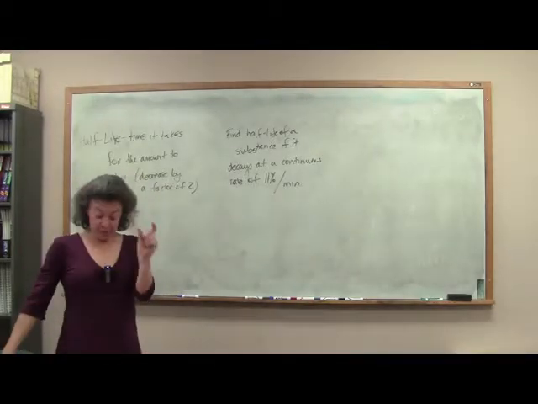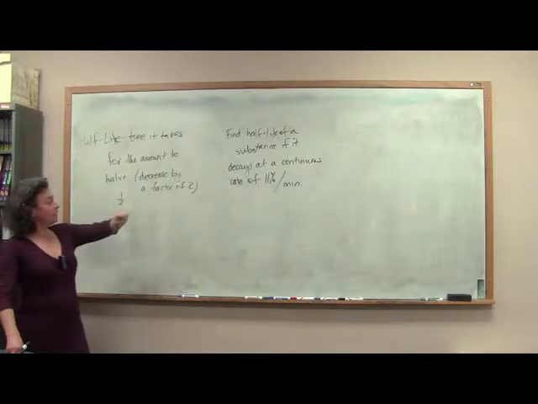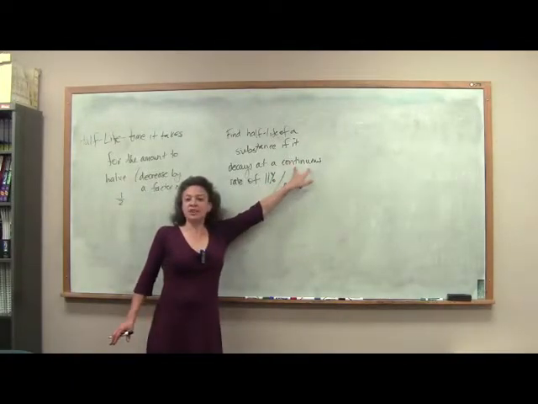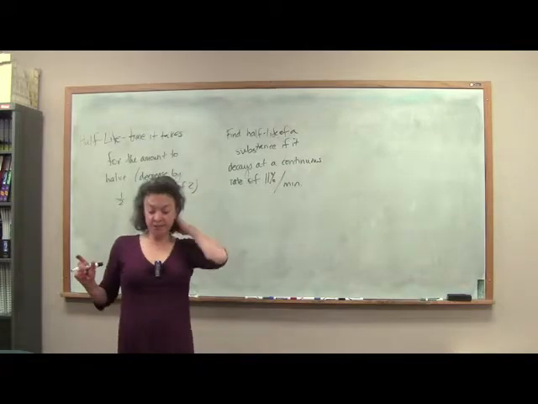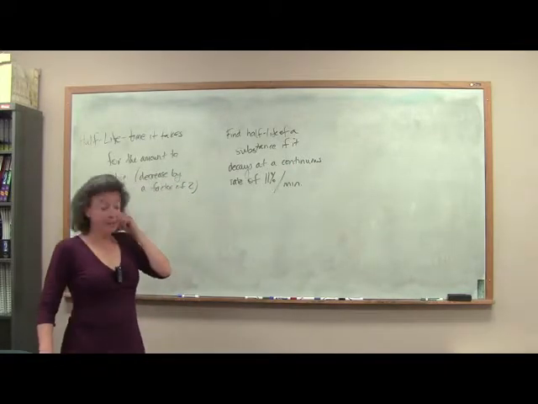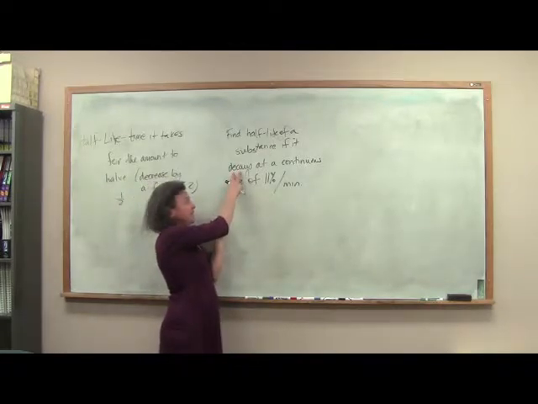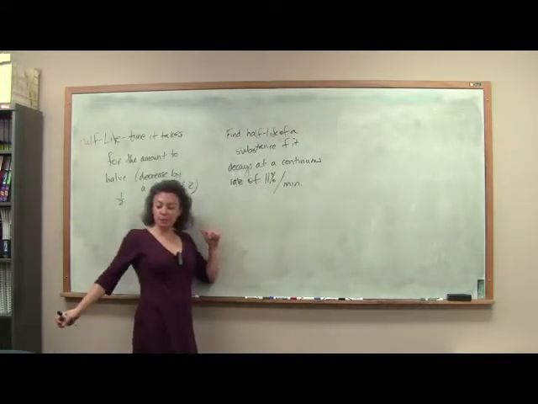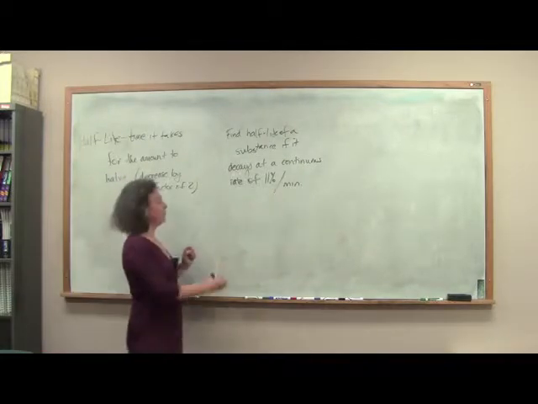Okay, two things jump right out at me. Number one, it's a continuous decay. Therefore, again, I know that I'm going to use a base of e. The other thing I note is that since it decays at a particular rate, I'm given my value of k, and I have to remember that it's going to be negative because it's decay.